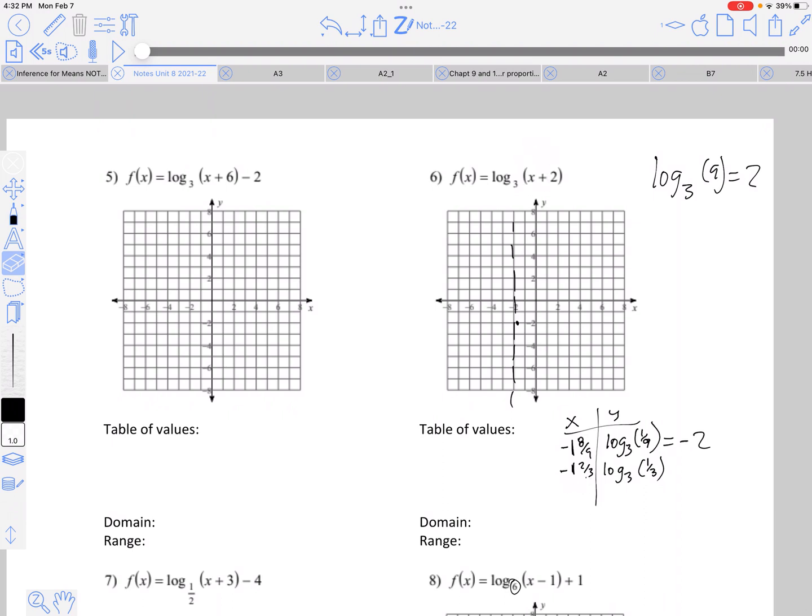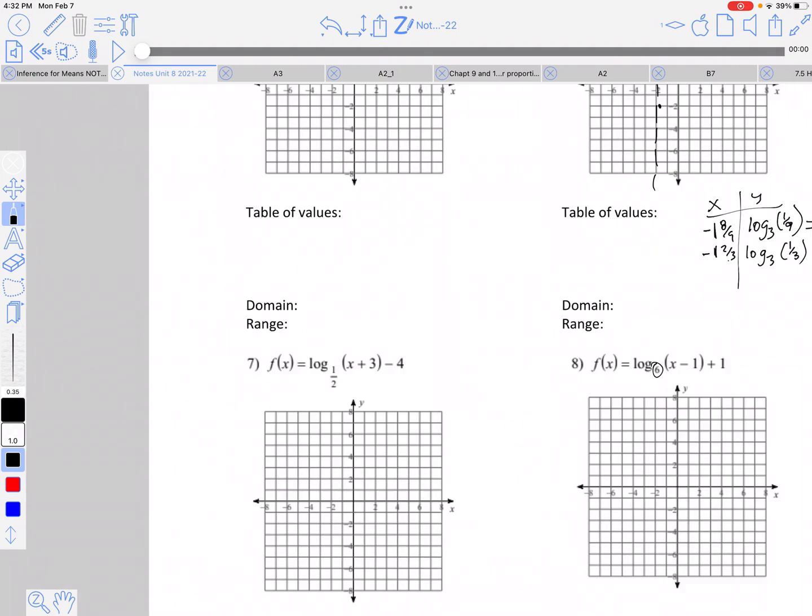So 3 has an exponent of -1 to create 1/3. So when I'm at -1 and 2/3, I'm at -1. Great. Okay, so I went through 1/9, 1/3.